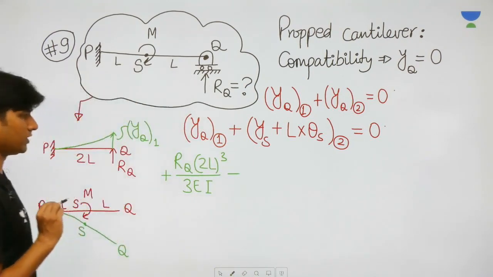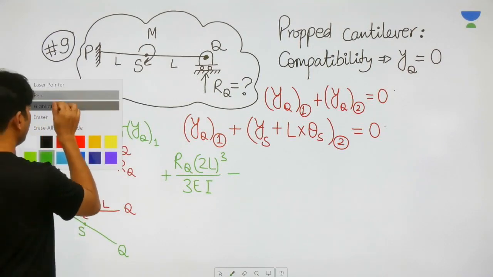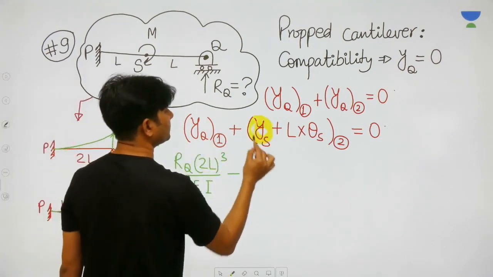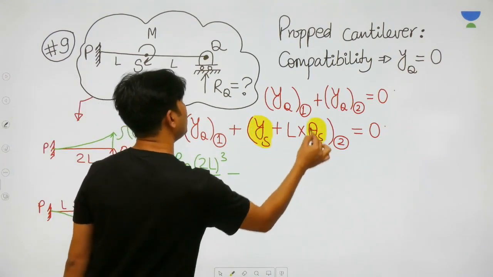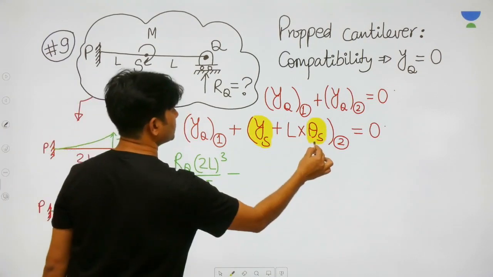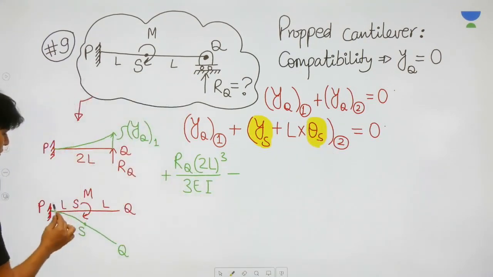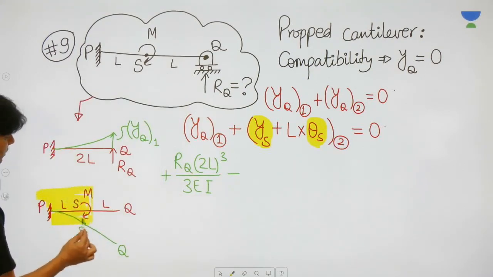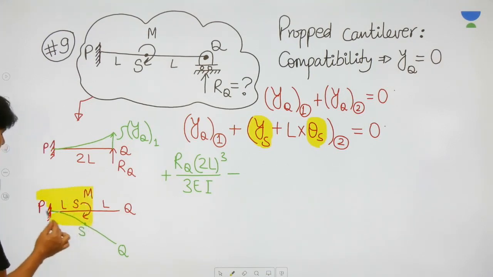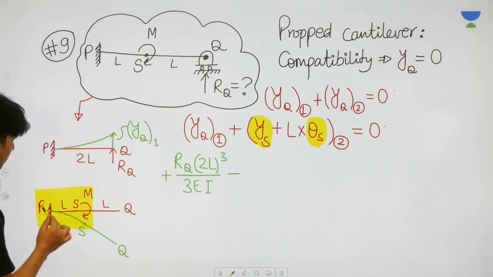Now, how can you write the YS value and theta S value? To write YS and theta S values, you need to focus just on this much of the beam, only this L length of the beam, because the remaining beam doesn't have any load.